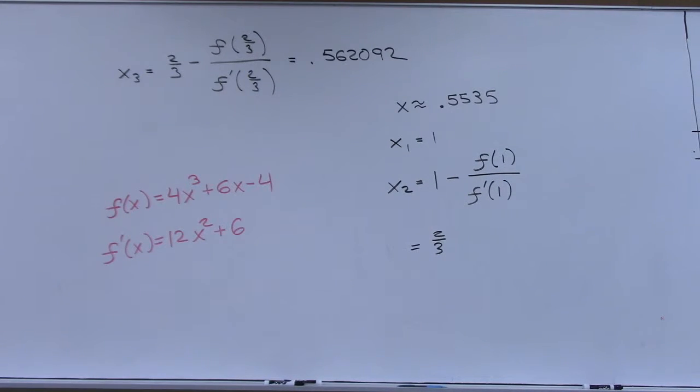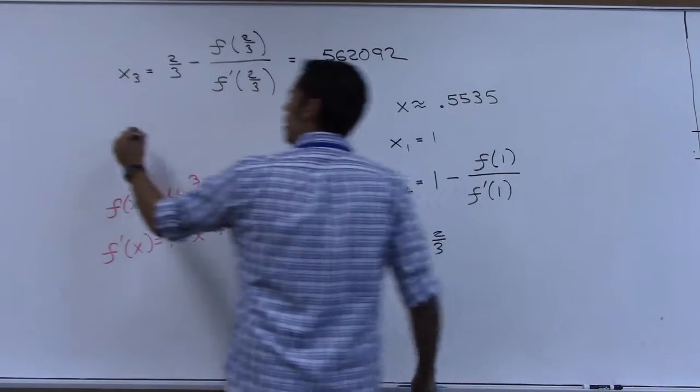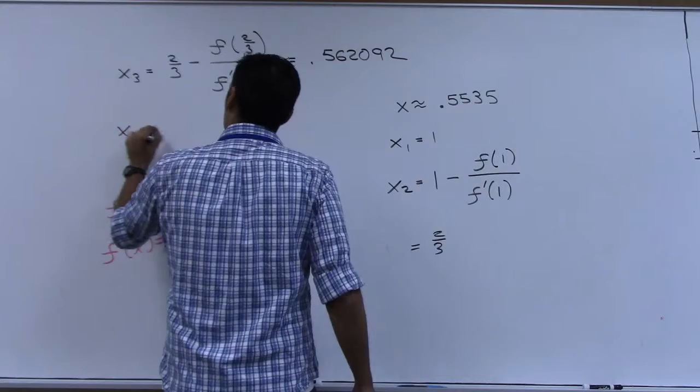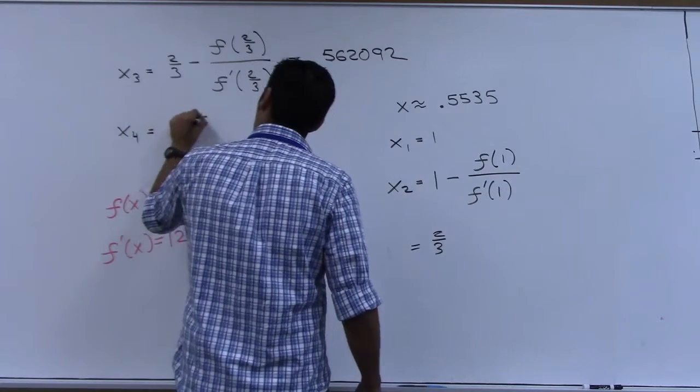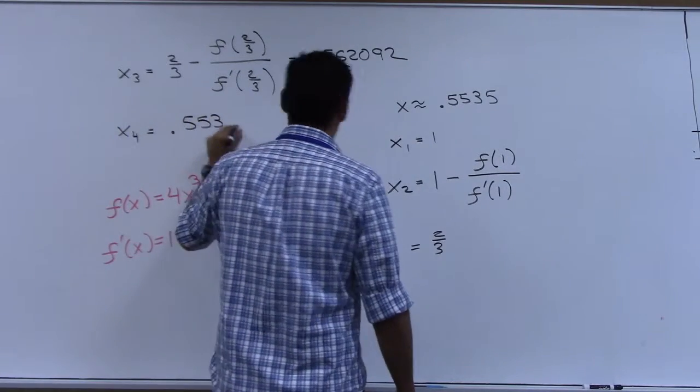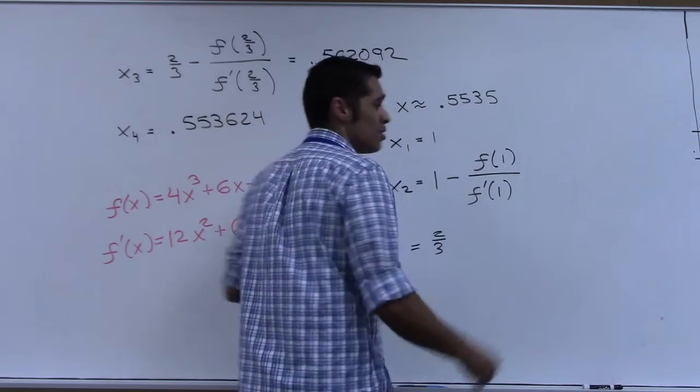Understand? And then I could go again. I take that answer and subtract from it f of that answer, divided by g of the previous answer. In this program, the percentage mark means the previous answer. And I'm getting 0.553624. One more time.